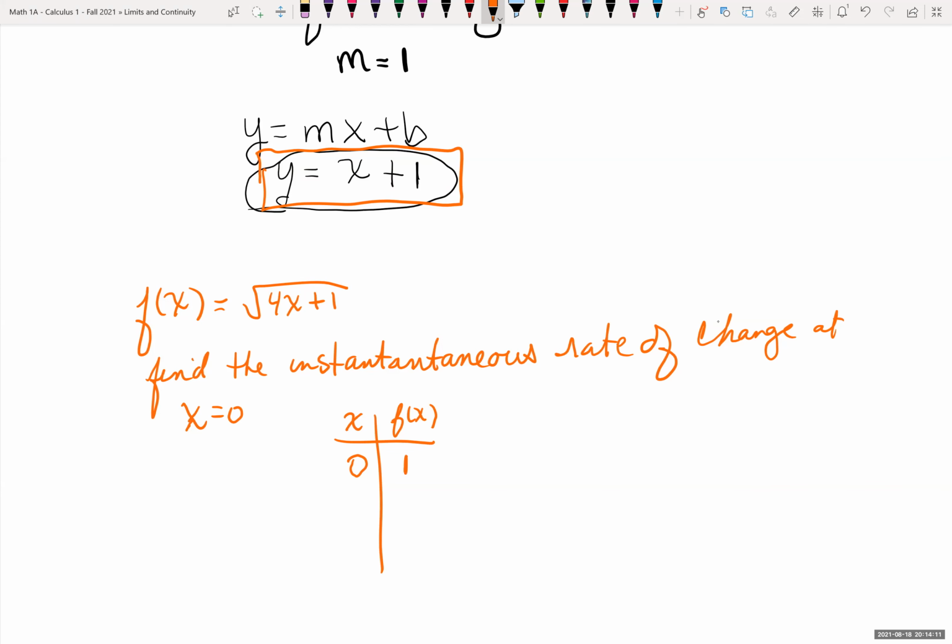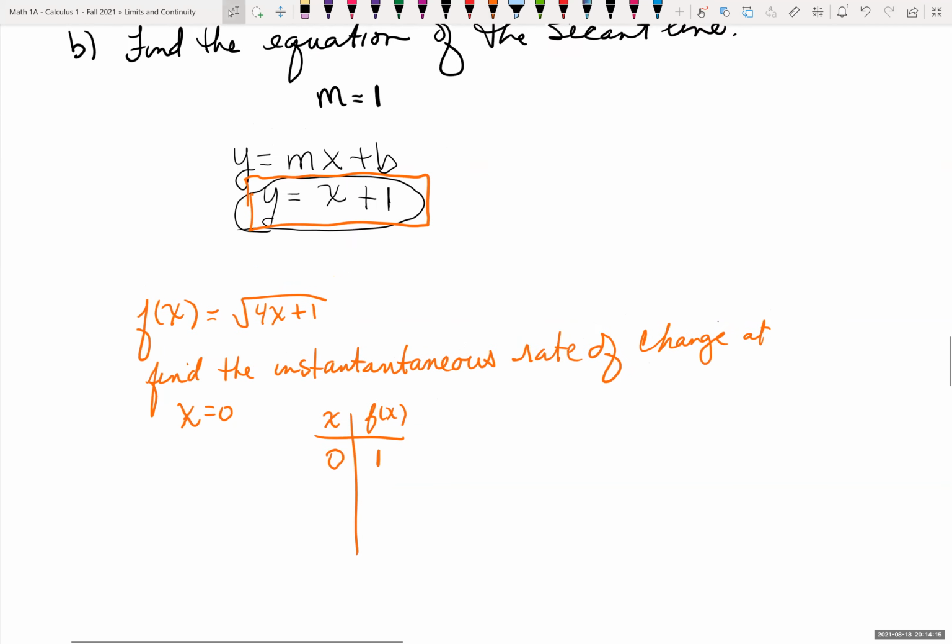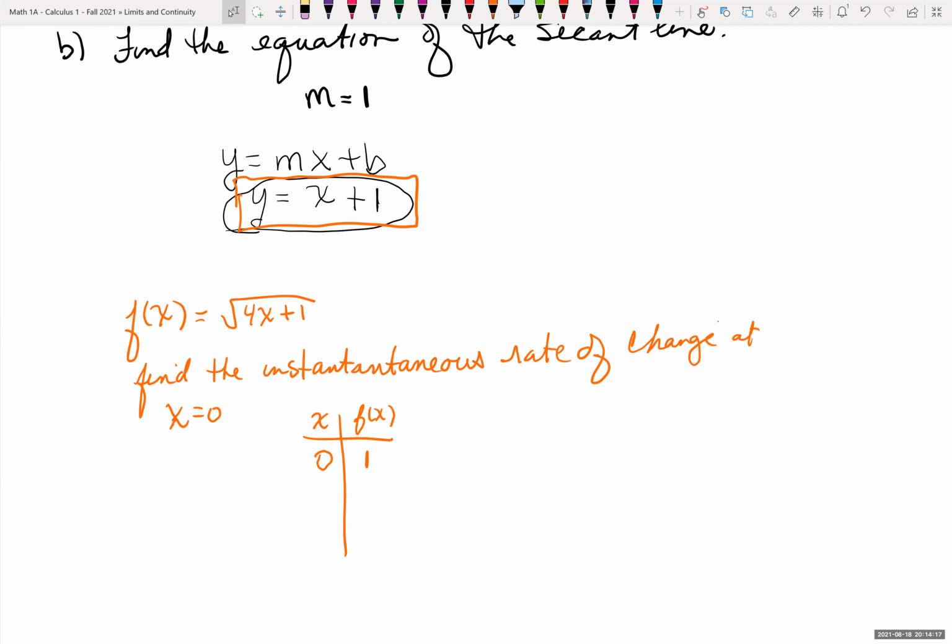So we want to start finding slopes, and we want to find the slopes getting closer and closer to the x value of 0. Okay, so let's first start with 0.5. So 0.5, that's close to 1. We can get better. But if we plug in 0.5 into this equation, we want to know what we get back.